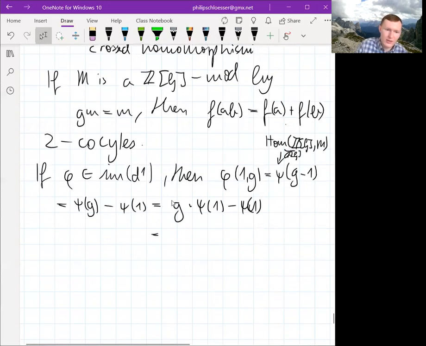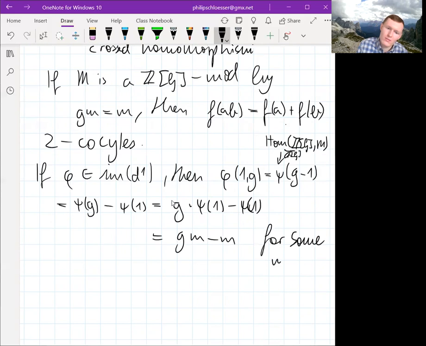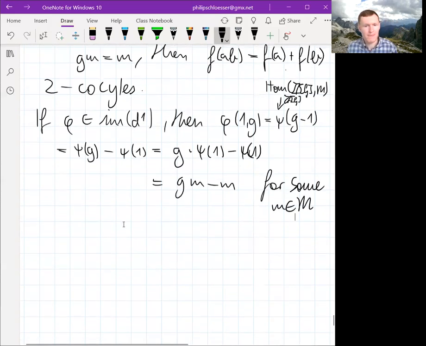So that one is uniquely determined by some element of M, which is just psi of 1.